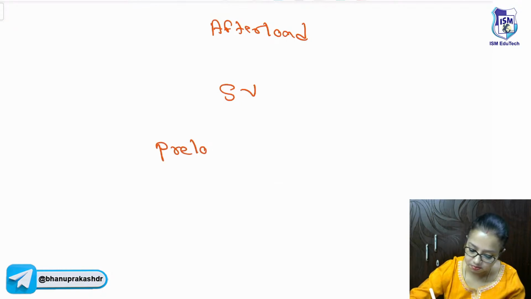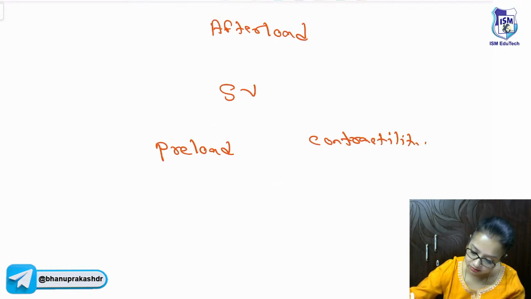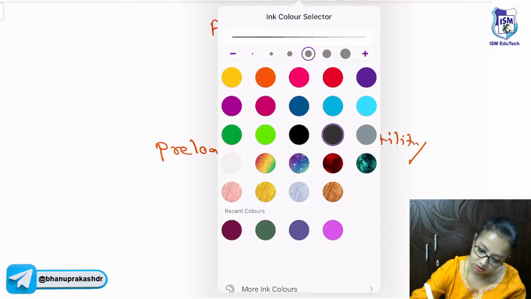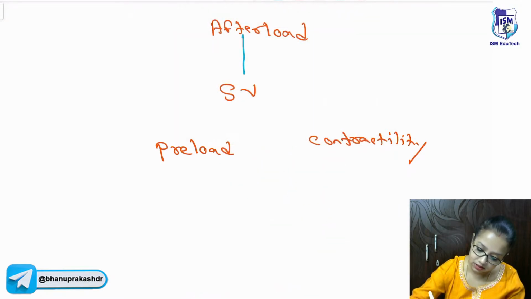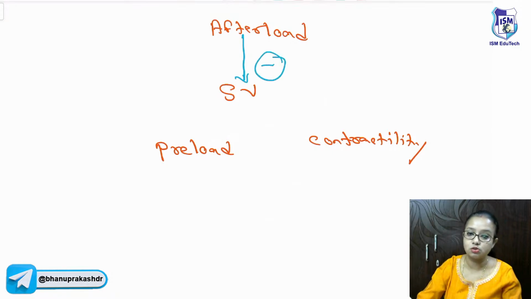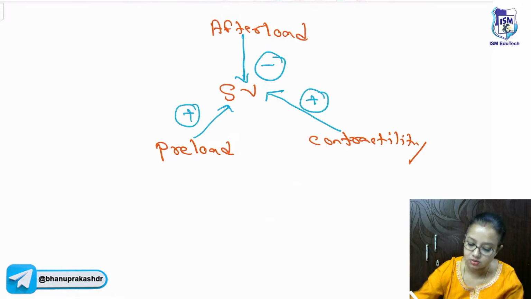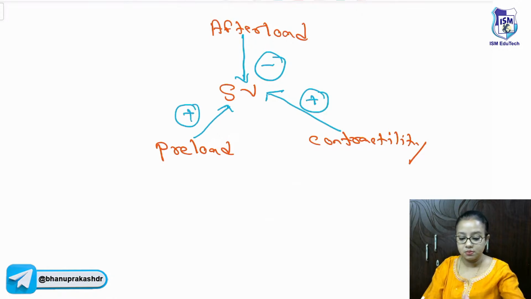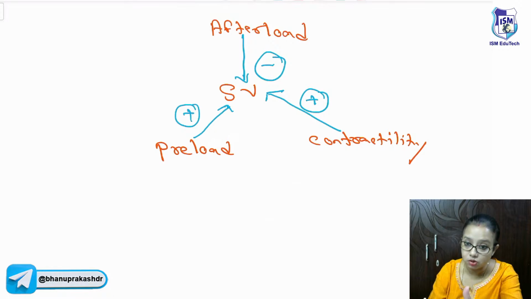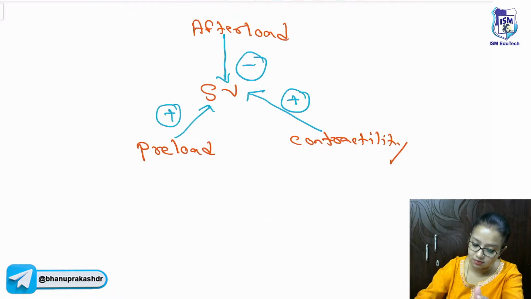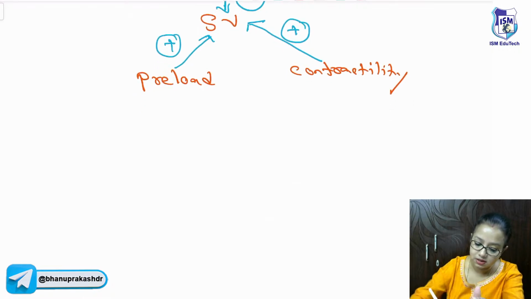This is preload and contractility. So what does afterload do? Afterload decreases the stroke volume. Preload increases the stroke volume, and contractility increases the stroke volume. And if the preload and contractility are more, yet the afterload is less, then also the stroke volume will be less.